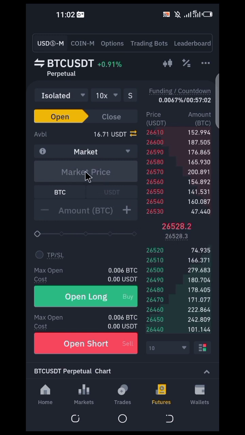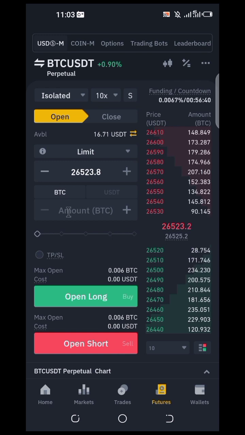You can only enter the amount of BTC you want to open long or short. But when you are using the limit order, you definitely have to specify the price at which you want to long or short BTC in the market.